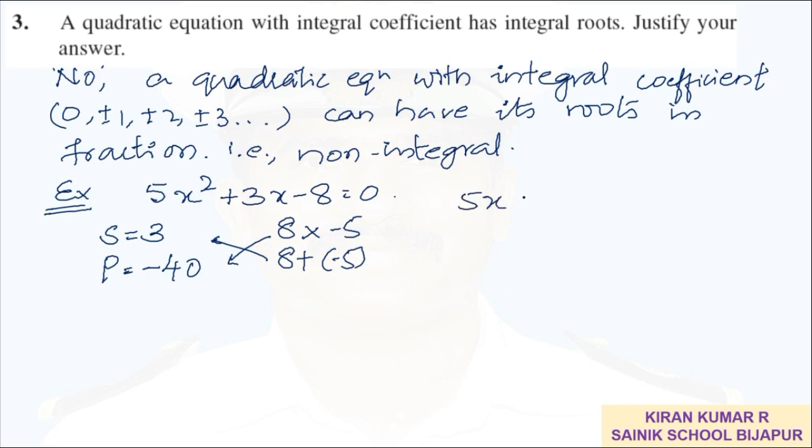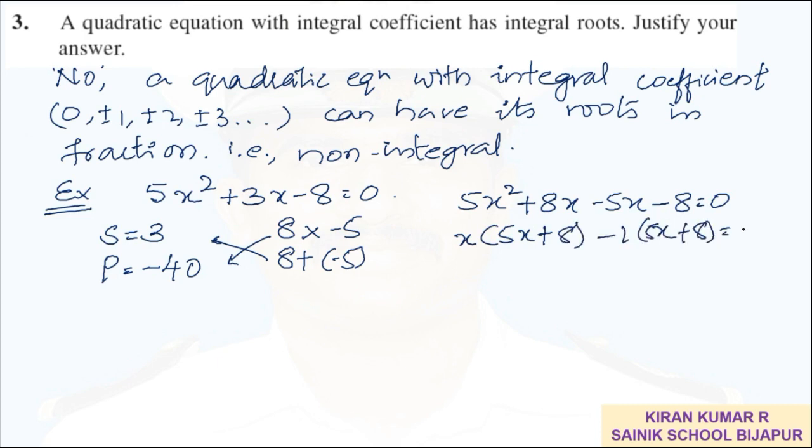So splitting the middle term, we shall split it as 8x and minus 5x. In these two terms there is x common. I'll be having x times 5x plus 8, minus 1 common, 5x plus 8 equal to 0. So we get 5x plus 8 multiplied by x minus 1 equal to 0.